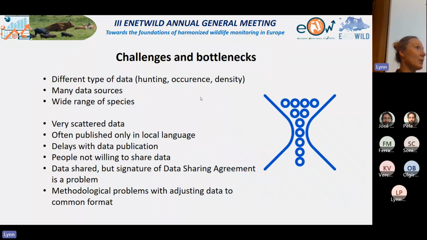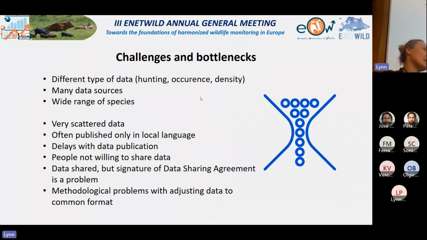Often data is published in reports or yearbooks only in local languages. If you don't have direct contact with somebody who might translate and give you a hint on how to look for this data, it's really difficult to do everything in Google Translate. So getting on the same level might be really challenging.